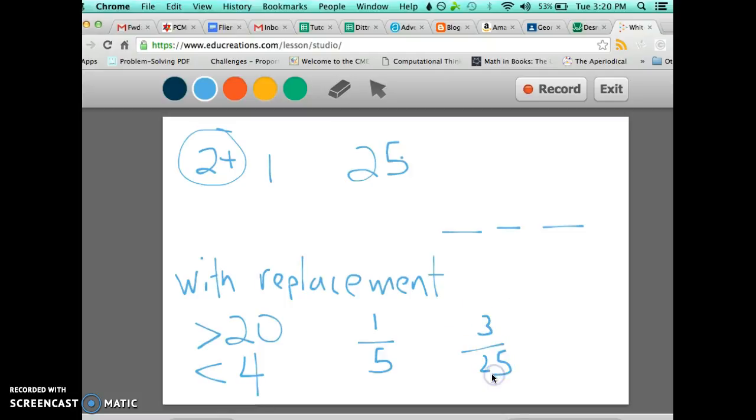I guess I'll convert 1/5 to 5/25. And the chances of it being one or the other on each turn will be 8/25. The first time, and the second time, and the third time. So I believe the chance of each number being greater than 20 or less than 4 is going to be 8/25 to the third power. So let's see what that is.